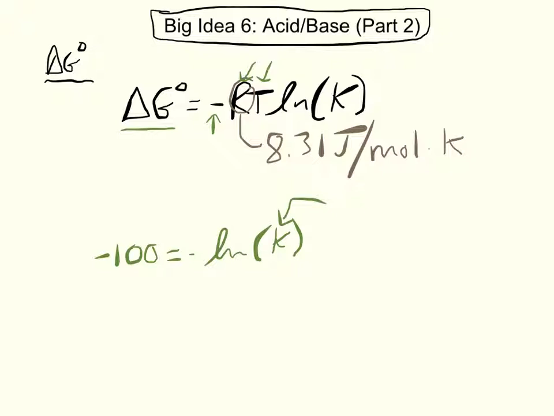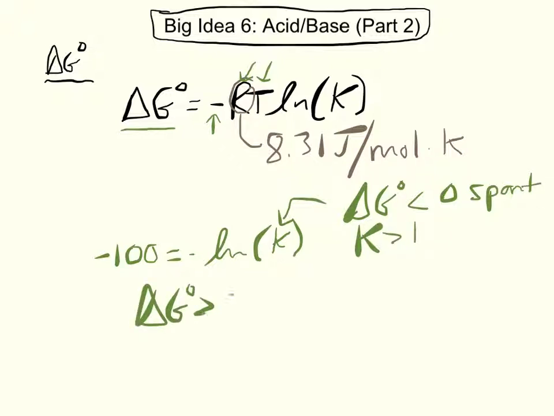So as we can see, we're still having the proof that if delta G naught is less than 0, we have a spontaneous reaction, and K is greater than 1. And on the other hand, if we have delta G greater than 0, or K is less than 1, that is a non-spontaneous reaction. So just a quick review on those conditions.